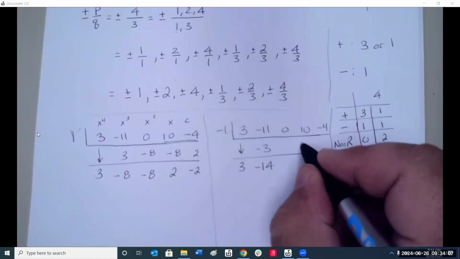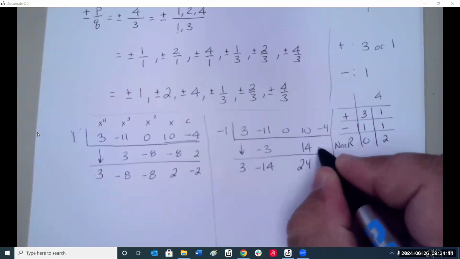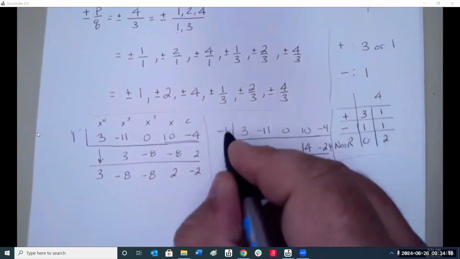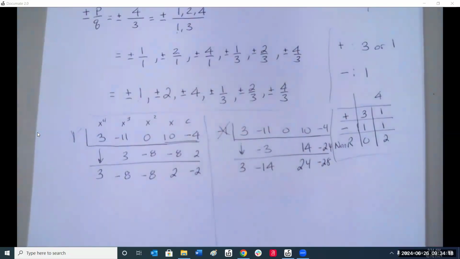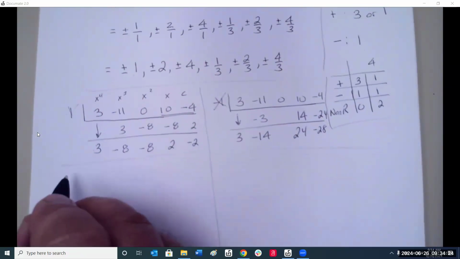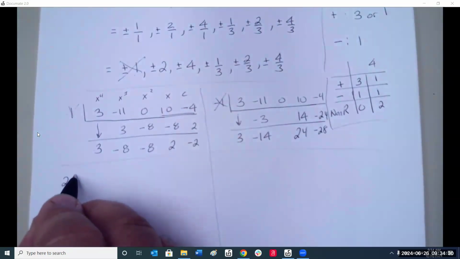Negative times negative is positive, so we have a 14. Makes it 24. So it's neither, it's not -1. So we keep on going. Our next, so it's not 1 or -1, so let's try 2 and -2.